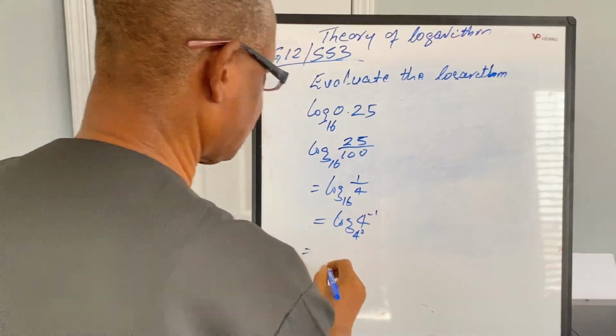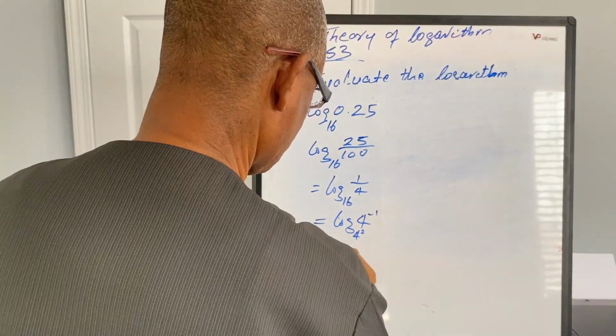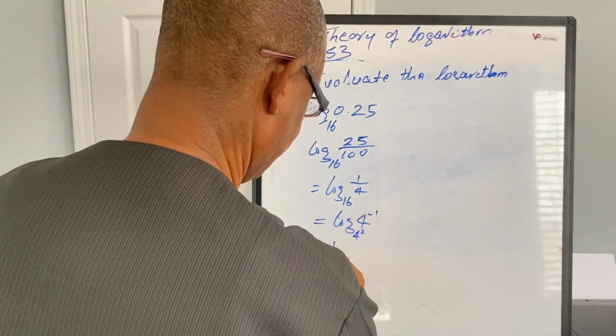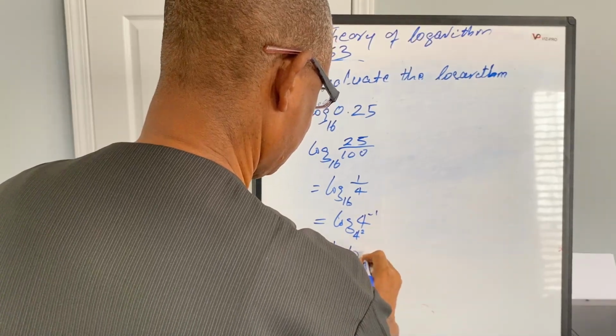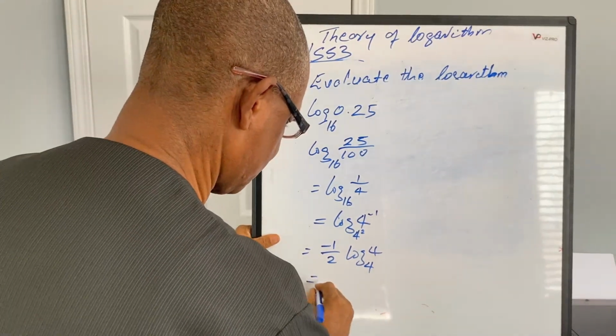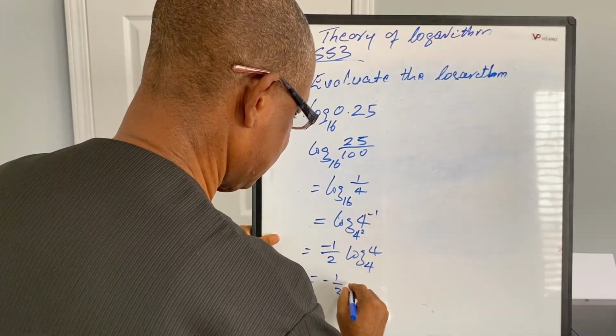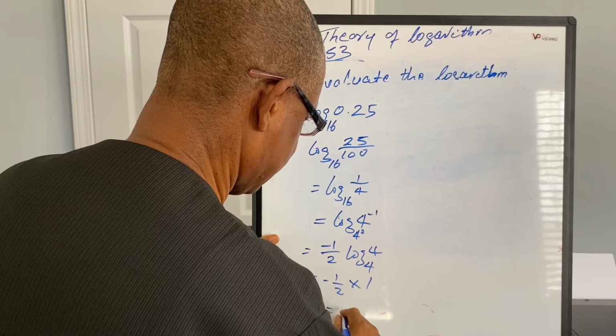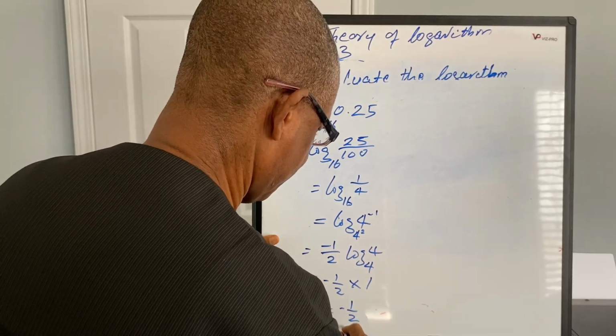And this will give us minus 1 over 2 log 4 base 4. That will result to minus 1 over 2 times 1, and our answer is minus 1 over 2.